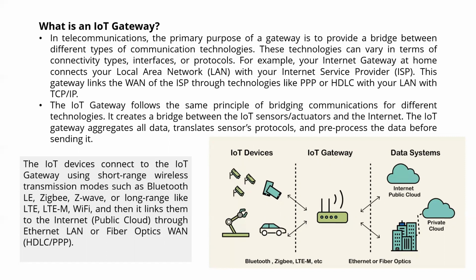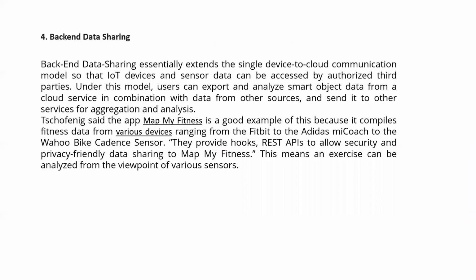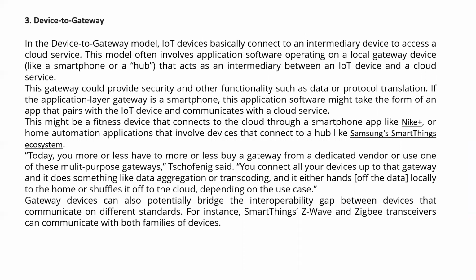IoT devices connect to the IoT gateway, and various kinds of protocols are used here. Let us go back to our communication model, device to gateway. Here devices are connected to an intermediary device to access the cloud service. This intermediary device may be a smartphone.